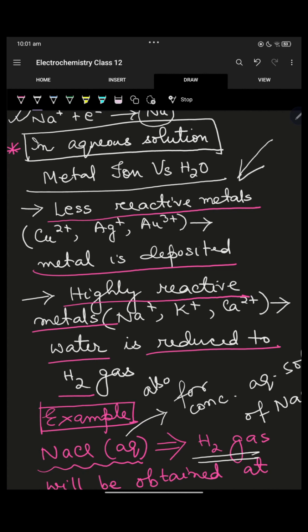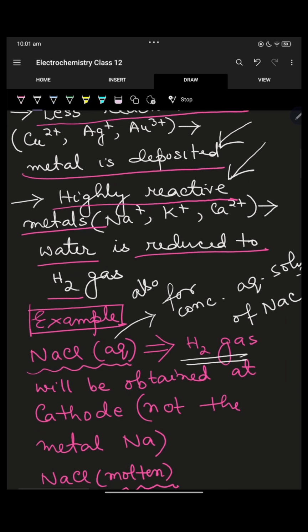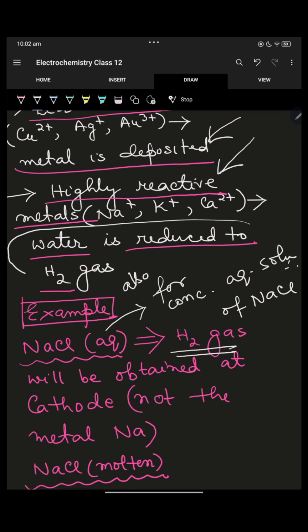And if it is a more reactive metal, what happens? For less reactive ones, the metal is deposited by the gain of electrons. But for a more reactive one, water is reduced to form H2 gas in preference to the metal.